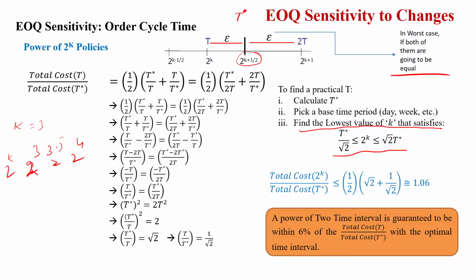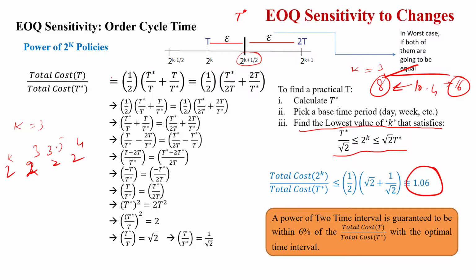In our example, we should pick k equal to 3 because 10.4 is nearer to 8 than to 16. So that's why we should order every 8 weeks. And mathematically, we can prove that the total cost change is only 6%.